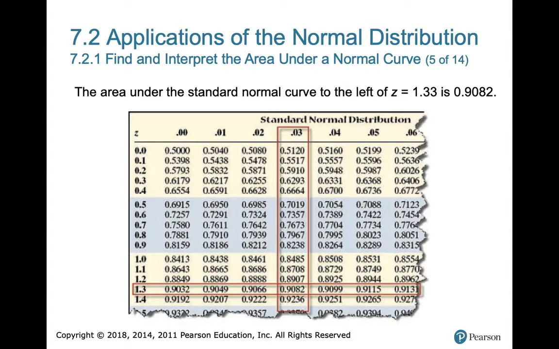And we see the entry in that cell is 0.9082. So about 91%. So that means if someone has an IQ score of 120, we would say they're in the 91st percentile. Their score is higher than 91% of the population. That is the area to the left under the normal curve.